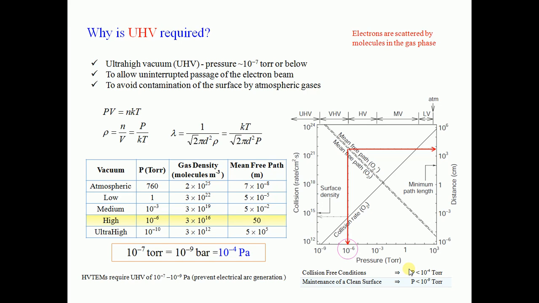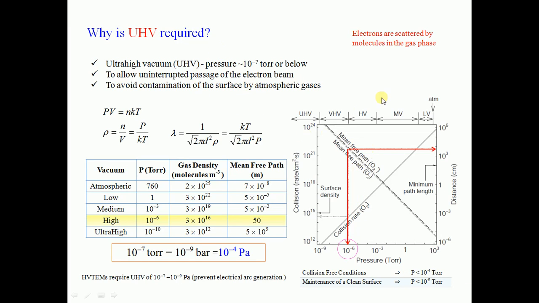When they are scattered by collision with these molecules, they lose their energy. If they lose their energy, then it is very difficult to get the actual image or actual information in this study. Therefore, ultra high vacuum is needed. I am going to tell you the difference between high vacuum, medium vacuum, low vacuum, and ultra high vacuum, etc.